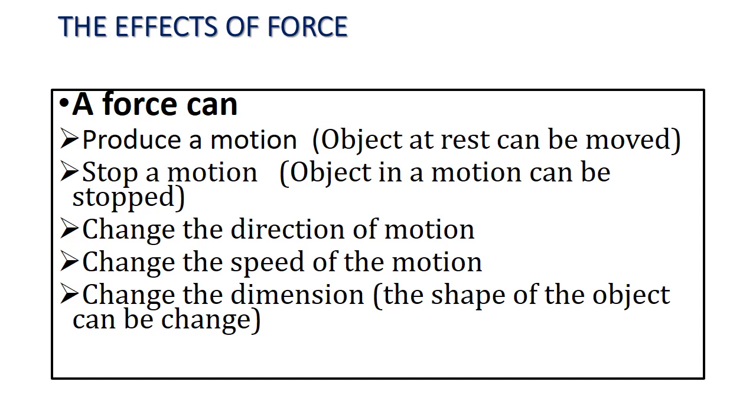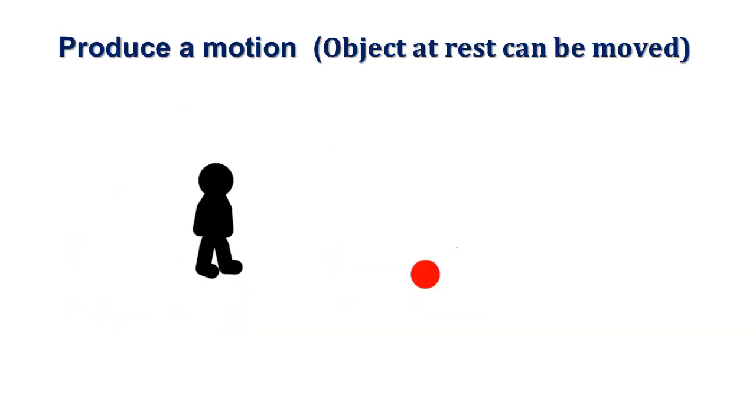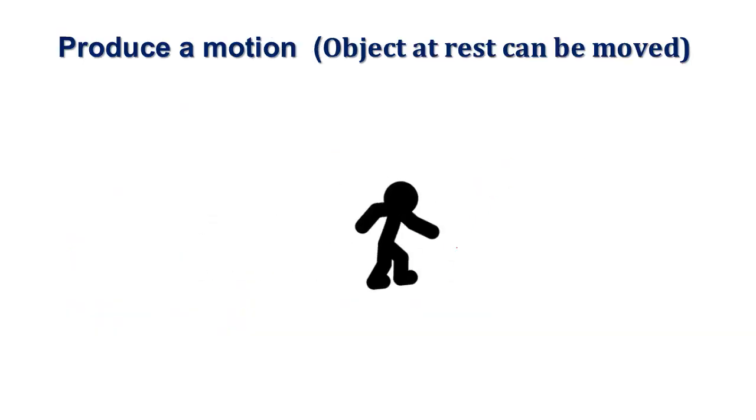That means an object in motion can be stopped by applying a force. And a force can change the direction of motion, change the speed of the motion, and change the dimension or the shape of the object. Okay, look at this.